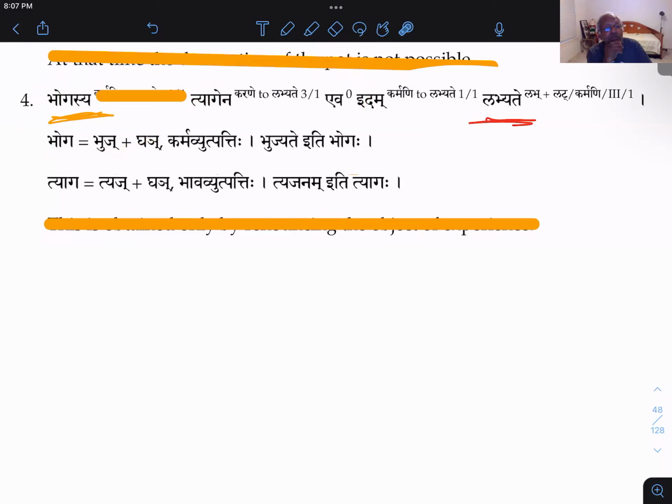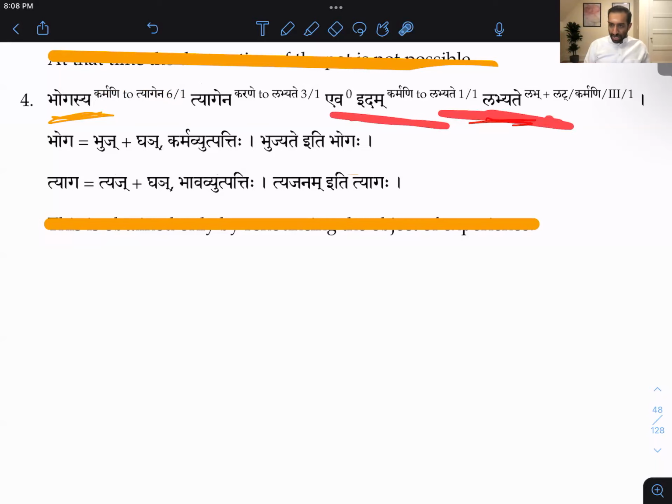Karmani. Yeah, exactly. This is karmani shashti. Karmani shashti to what? Not to labhyate. It's not connected there. It's to tyagena. So karmani shashti to tyagena. So the shashti vibhakti ekavachanam. Reading the sentence, right? This is obtained by renouncing.